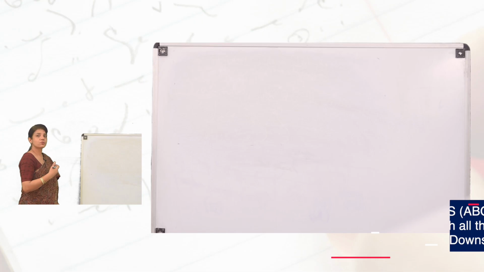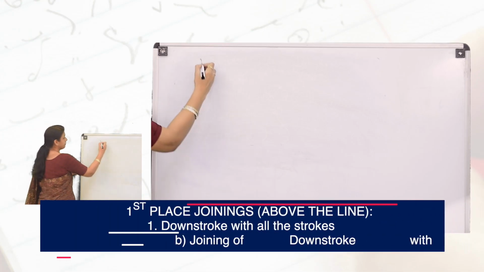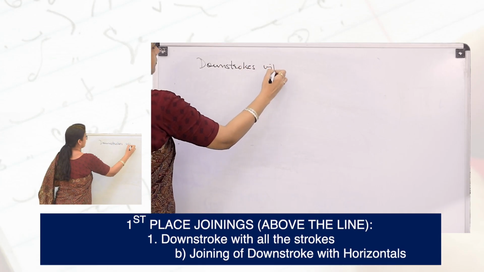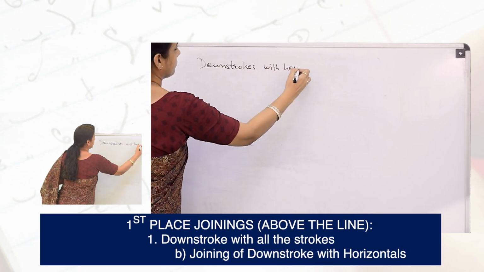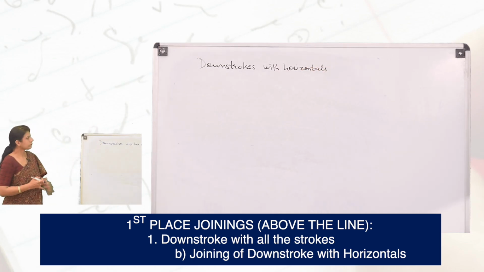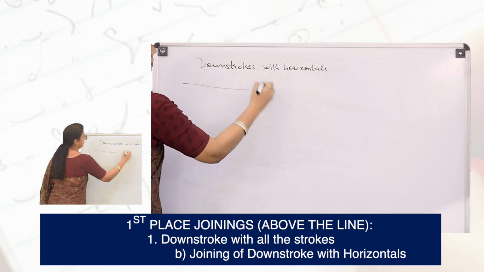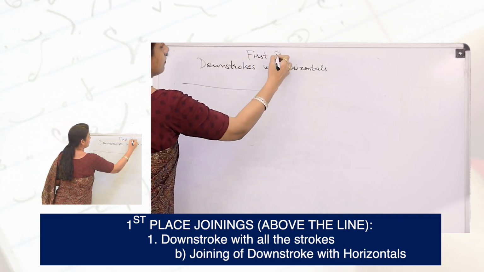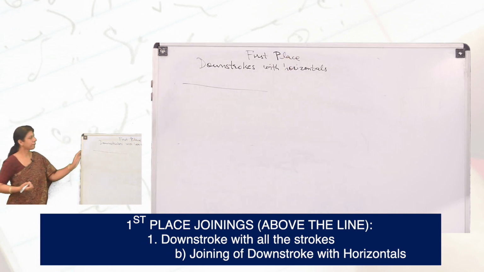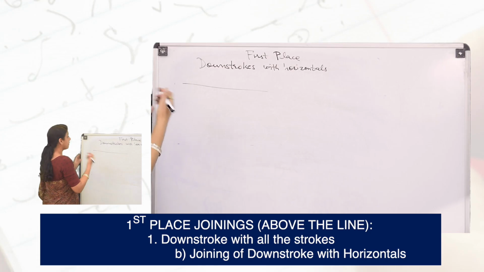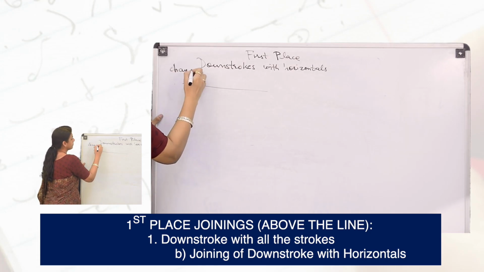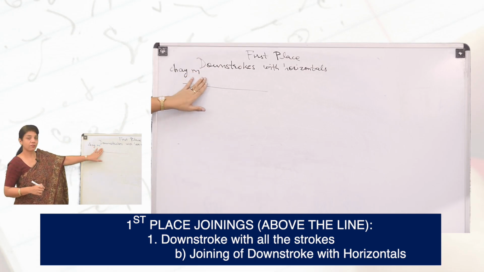Now next is downstrokes with horizontals at first place. So let's take an example to understand it better. Che, M. Che is a downstroke, M is a horizontal.